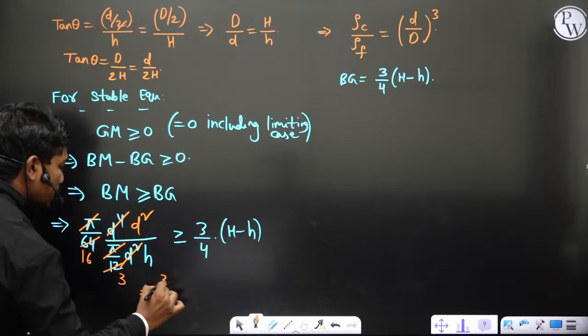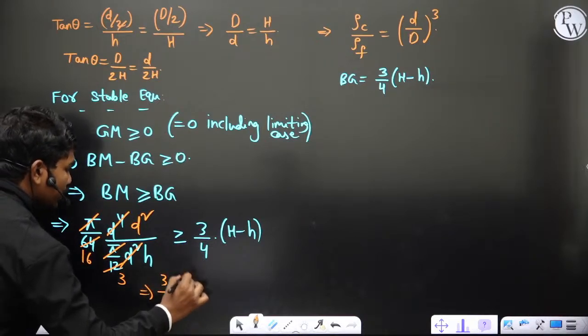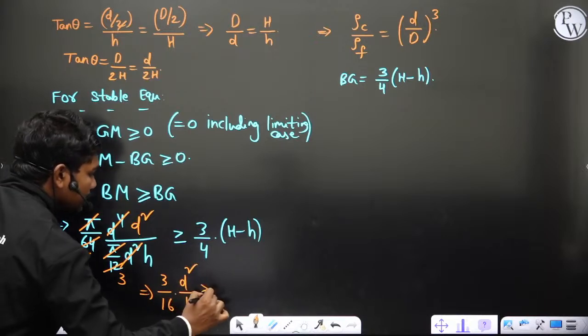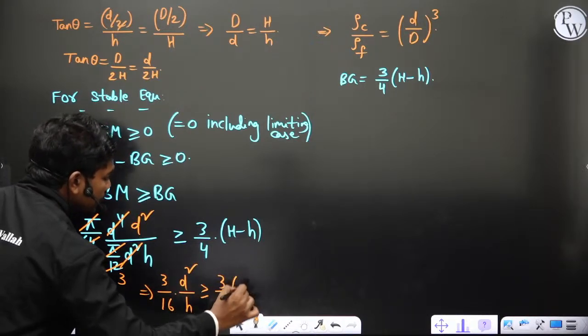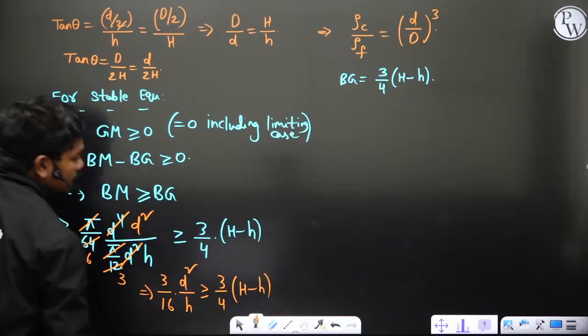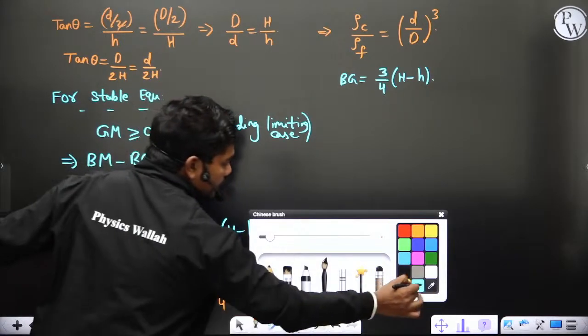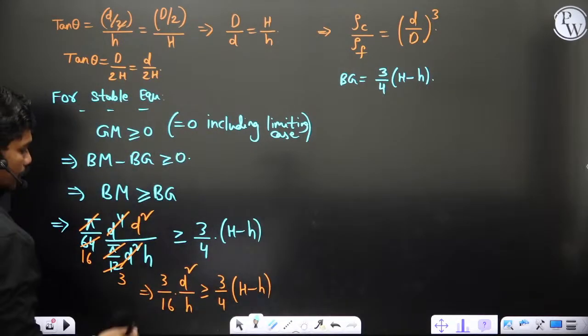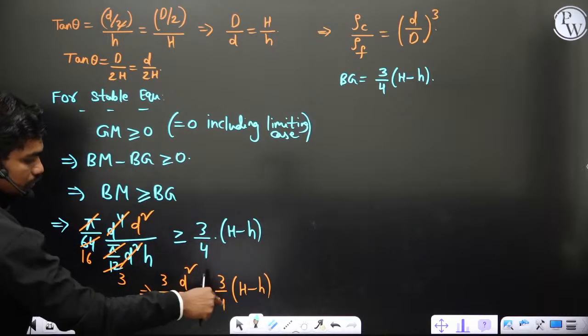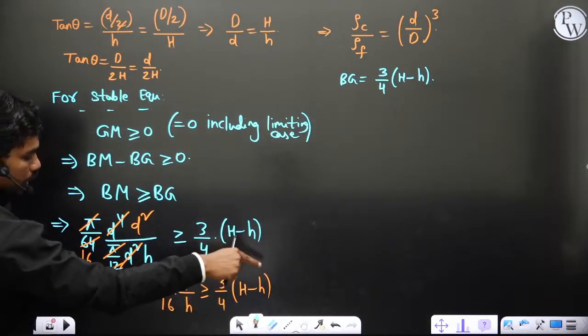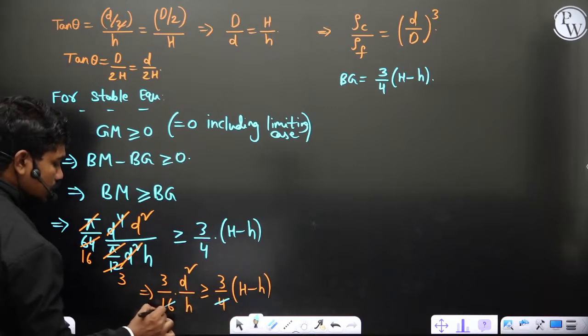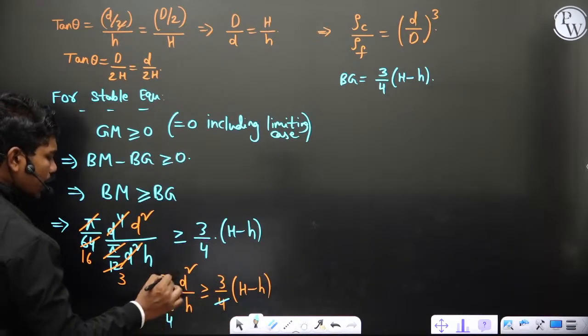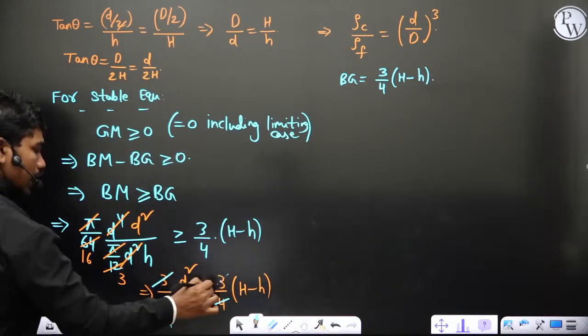So 3 by 16 d square by h should be greater than or equal to 3 by 4 times H minus h actually. So this is what you have, and clearly you can understand one thing. d square by h is greater than or equal to 3 by 4 times of H minus small h actually. Then this 4 cancels, and this 3 will cancel this 3.